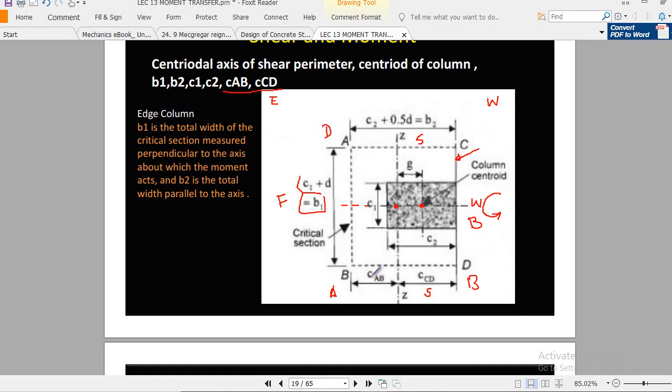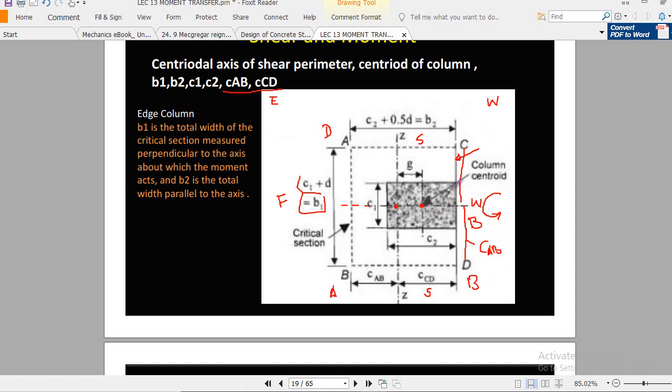And now you must understand that this will be your CAB, and this one will be your CCD, right? But both will be the same because there is an axis of symmetry.